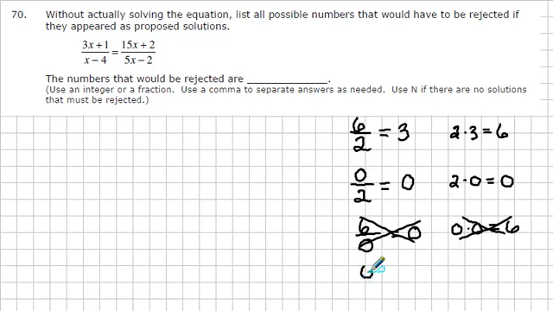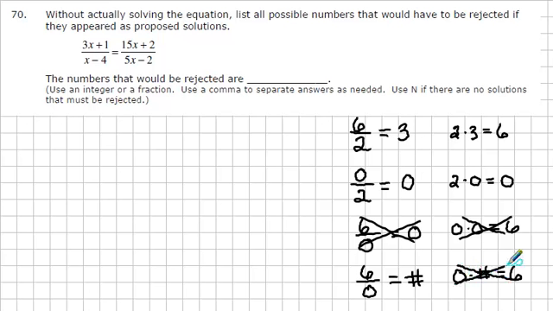So what number is 6 divided by 0? Well, whatever number it is, we need to make sure that 0 times that number is equal to 6. But we know that 0 times any number is equal to 0. It's not going to be possible to find any number that when multiplied by 0 is equal to 6.